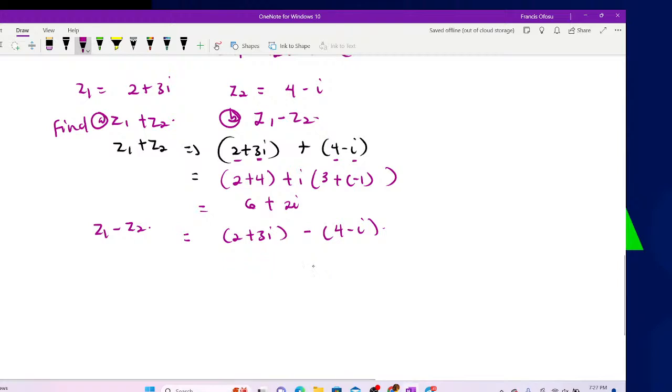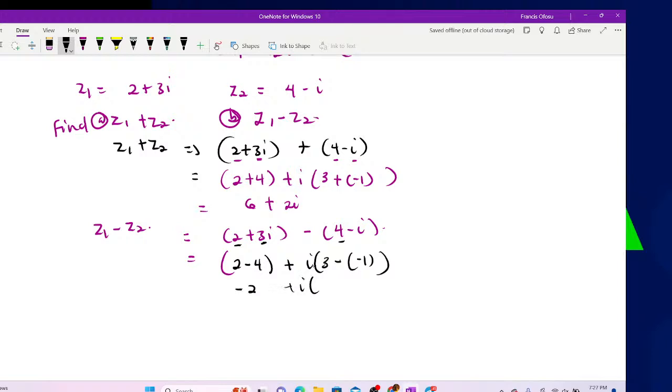So the basic thing to do here is to take the real parts, the 2 and the 4, then we subtract them separately in one bracket, plus I, then I take 3 here, minus the coefficient of what? My operator, also separately in one bracket. 2 minus 4 is equal to negative 2, plus I open brackets 3 minus 1 which is 4, and this is equal to negative 2 plus 4i.